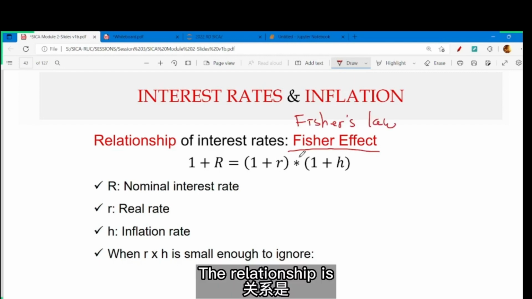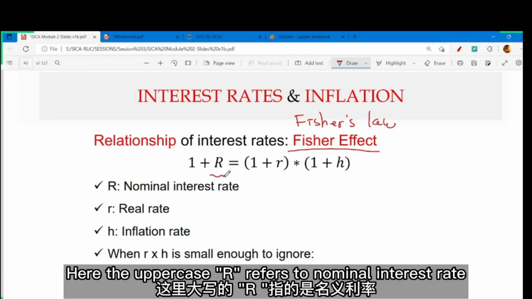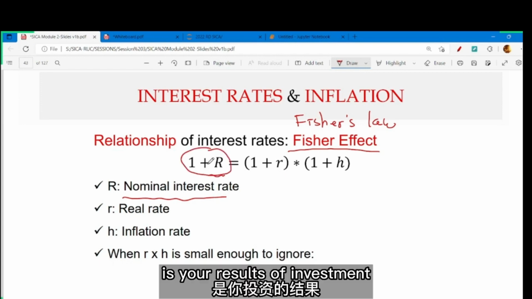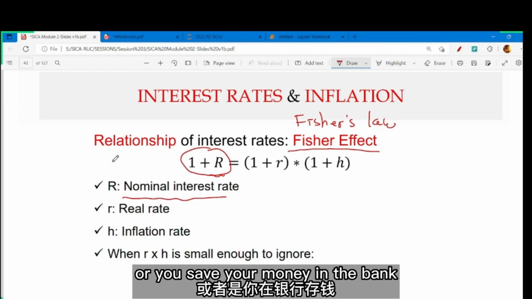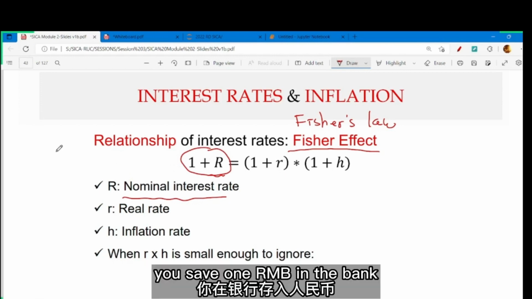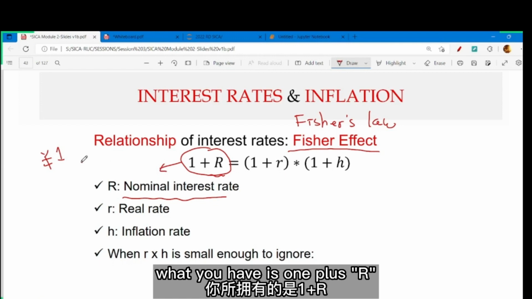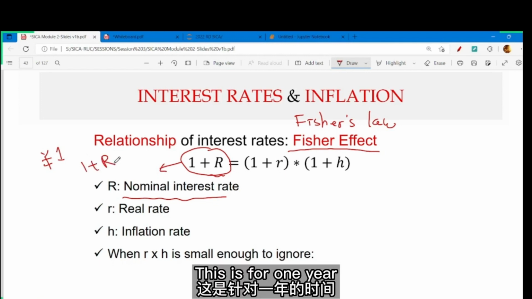The relationship is, here the uppercase R refers to nominal interest rate, and 1 plus R is your result of investment, or you save your money in the bank. You save 1 RMB in the bank, and after 1 year or 3 years or 5 years, what you have is 1 plus R. This is for 1 year, right?